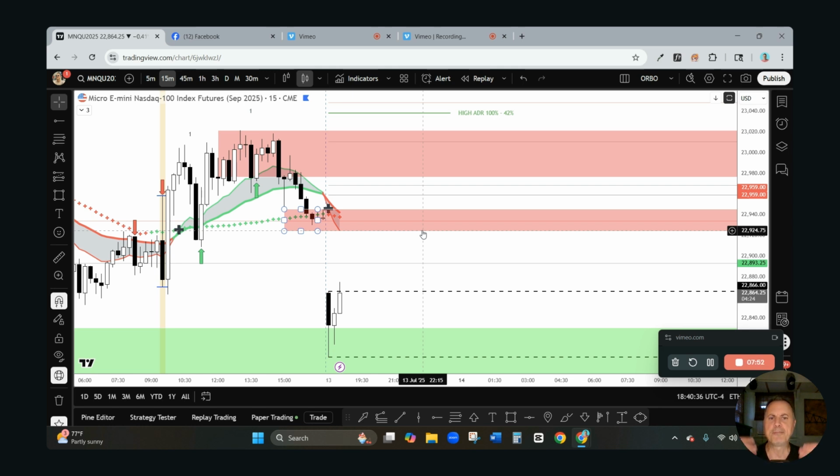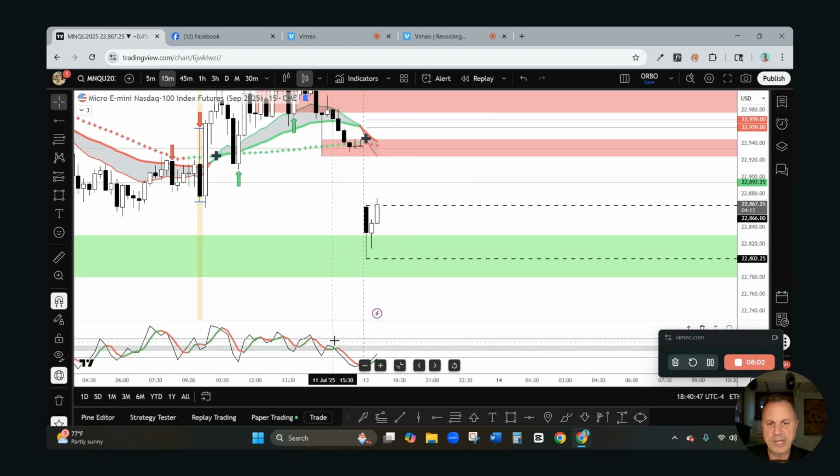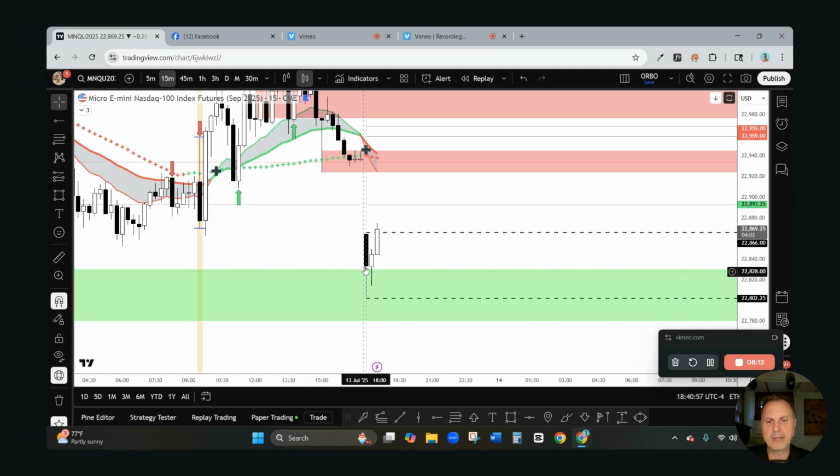Then we have these bonus components that we wrote into the strategy, which is cycles, right? If we have the cycle on the 3-hour and the 1 hour pointing up, that's a bonus component. If we have a bullish candle that forms the actual opening range, that's another bonus component.